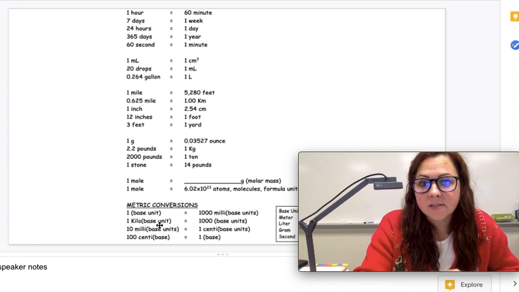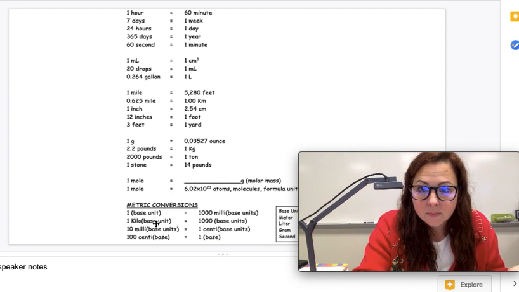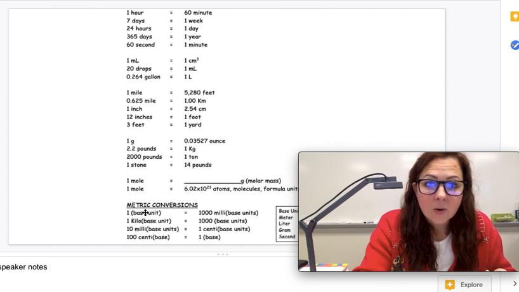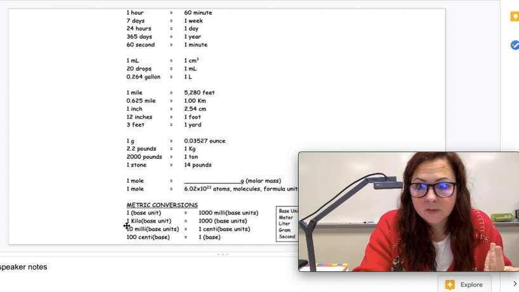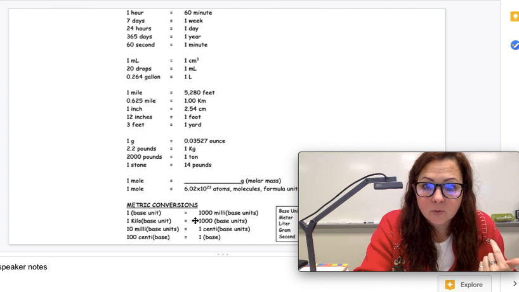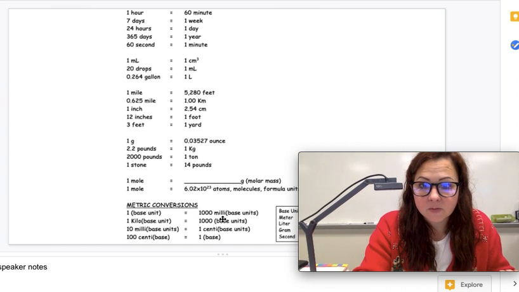So when I'm reading this, let's say that I'm dealing with mass, so grams. 1 gram is equal to 1,000 milligrams. So where it says base unit, you fill in the word meter, liter, gram, second, whatever you need. This would be like if it's meters, 1 kilometer is equal to 1,000 meters. So I'm filling in meter both times it says base unit.